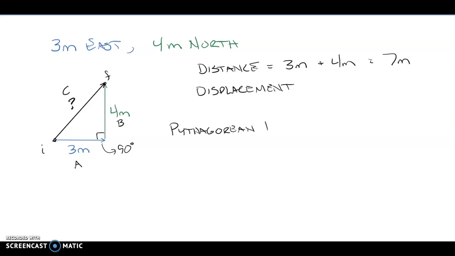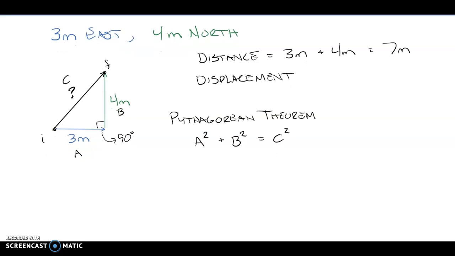The Pythagorean theorem allows us to calculate the length of the hypotenuse, the long side, C, if I know both legs. It says that if I take one leg squared plus the other leg squared, I would get my hypotenuse squared. And so if I can find the length of that black arrow, then I know my displacement, the straight line path from start to finish.